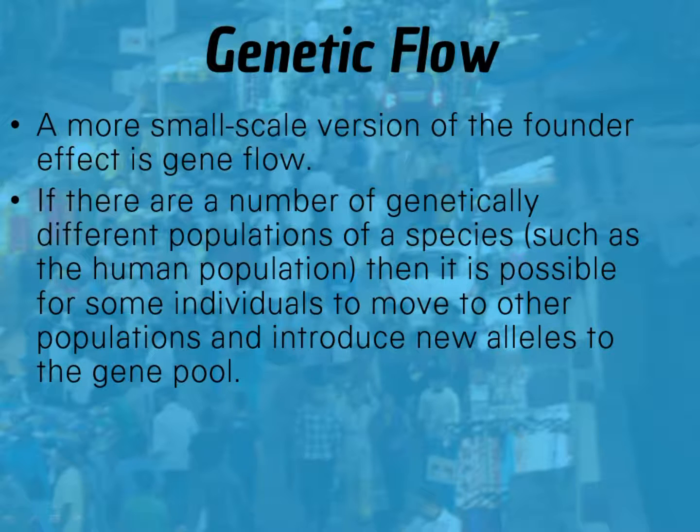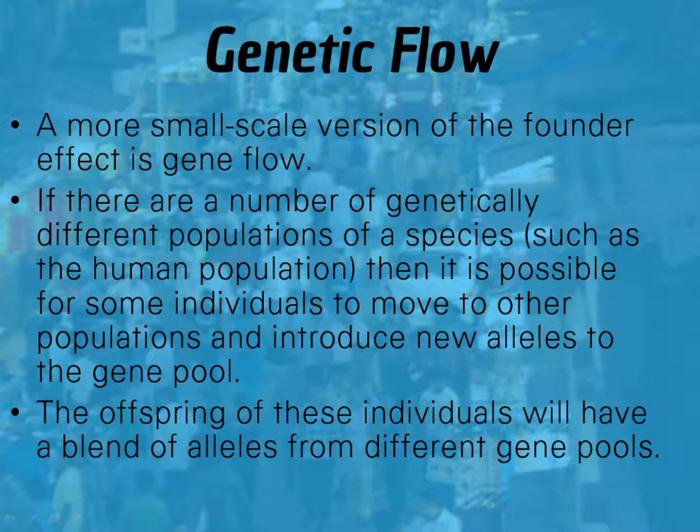And of course, this is something we see more and more of as the world becomes more and more connected. Genes from other gene pools in other parts of the world mixing with each other. And so the offspring of 2 individuals from, say, very different nationalities, say an Asian and a European person, will have a blend of alleles from the different gene pools. And this itself can lead to new genetic traits.